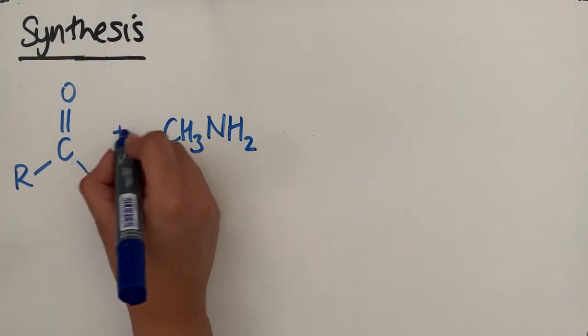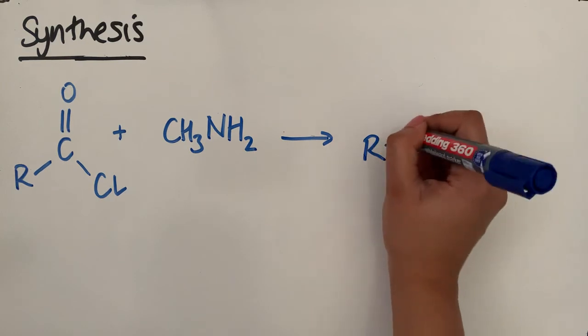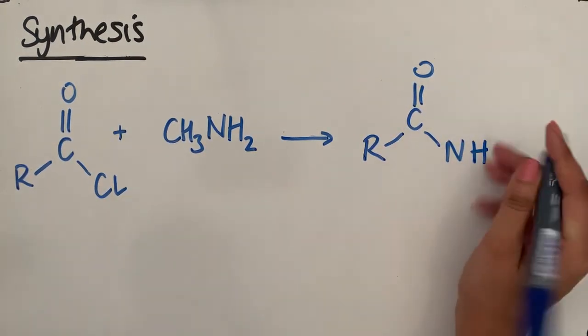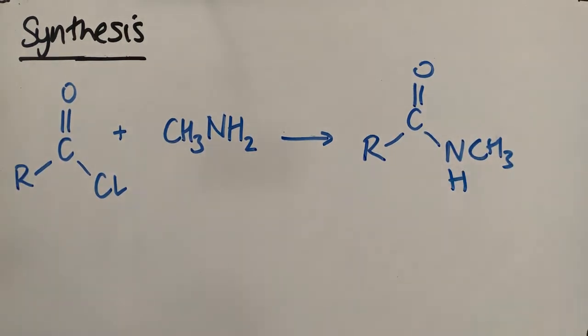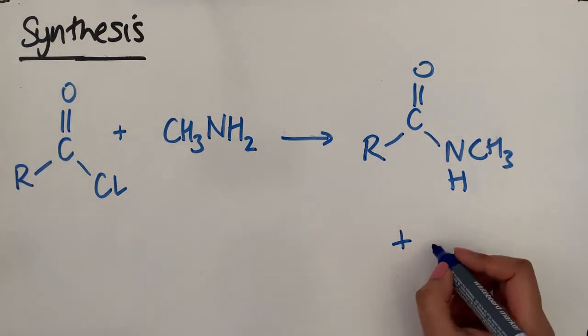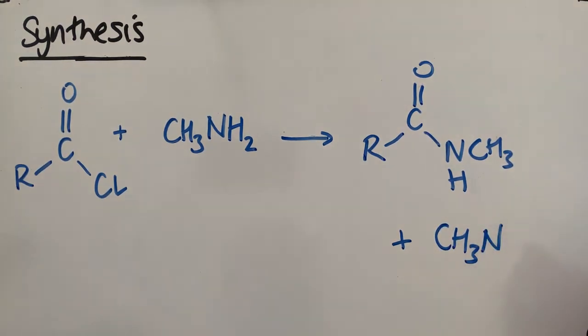If I react this with methylamine, we are going to form this amide over here, and we are going to form our salt as well. In this case, the salt that we form is CH3NH3Cl, like that. And again, just to balance it, we do that.